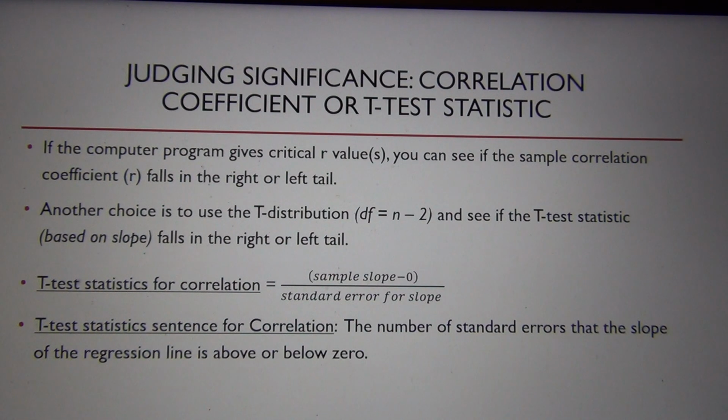But you could also use randomized simulation. A lot of times computer programs often give you a critical R value. So instead of using the t-test statistic, you could see if the sample correlation coefficient falls in the left or right tail based on the critical R values the computer provides you. So we'll see some of that later in our examples.